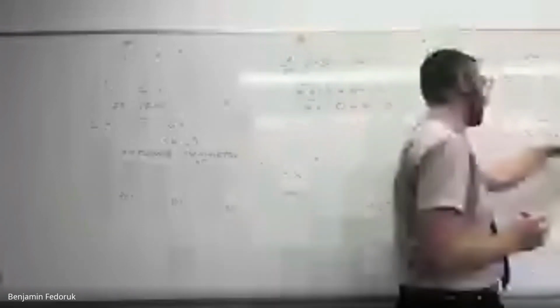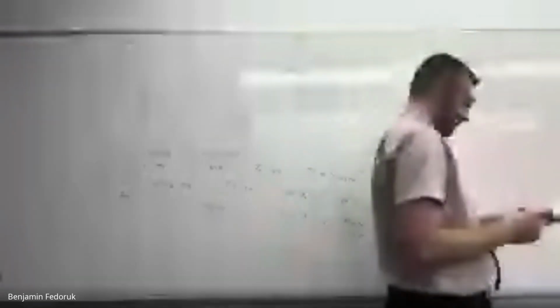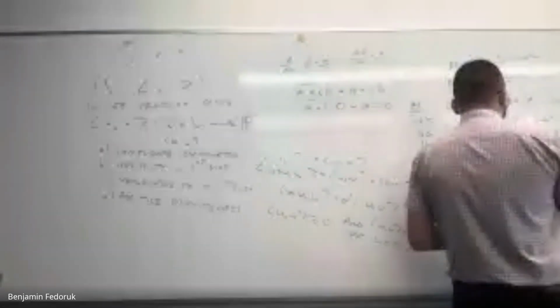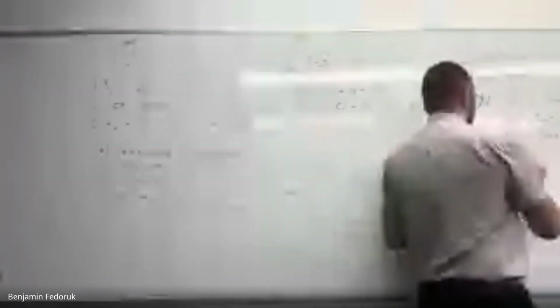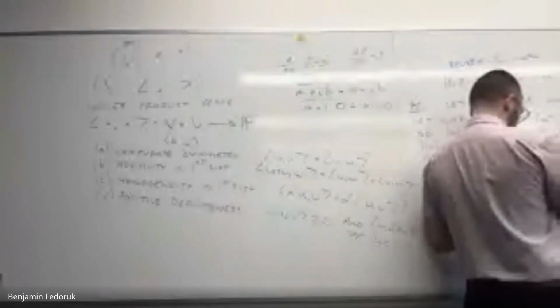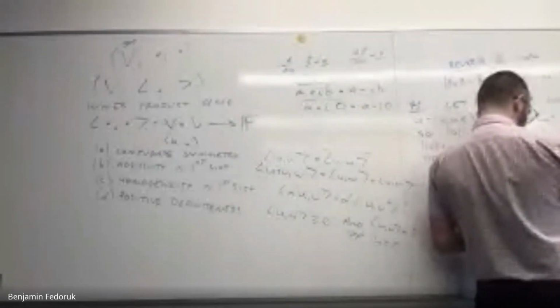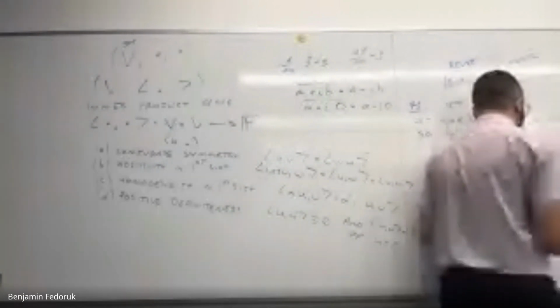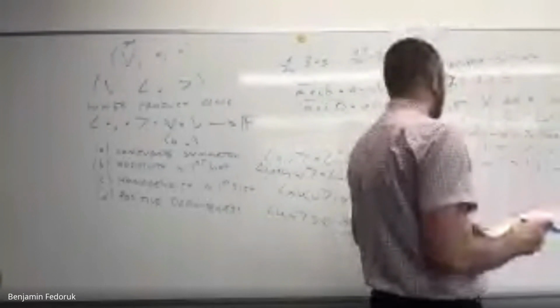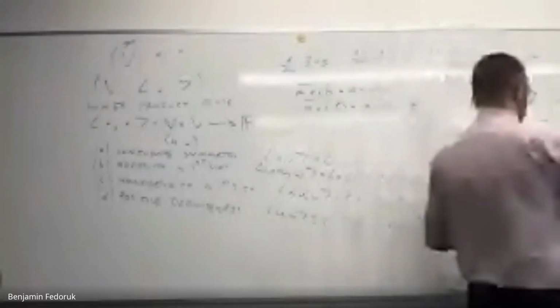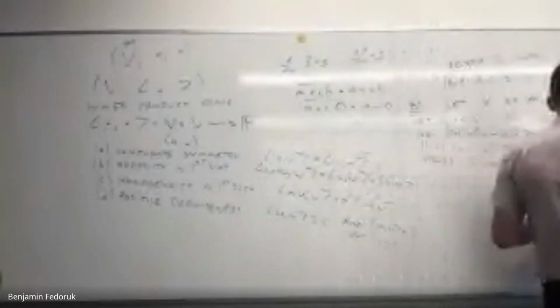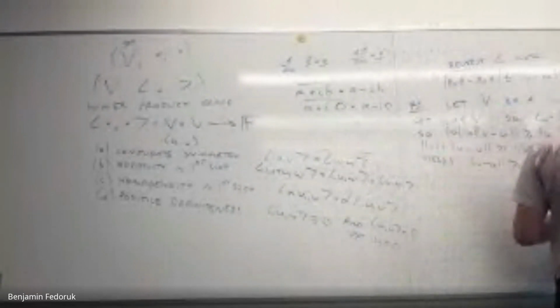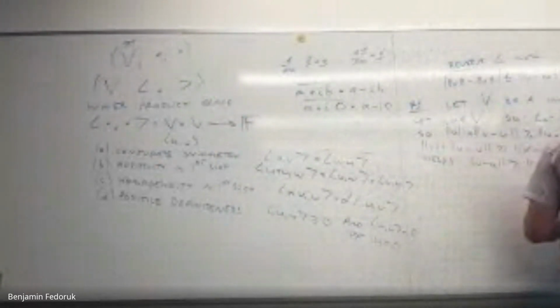It's U minus U and V minus V. So what I end up getting is that norm of V minus U is greater than or equal to the norm of V minus norm of U. And the other one gives us norm of U minus V is greater than or equal to norm of U minus norm of V.